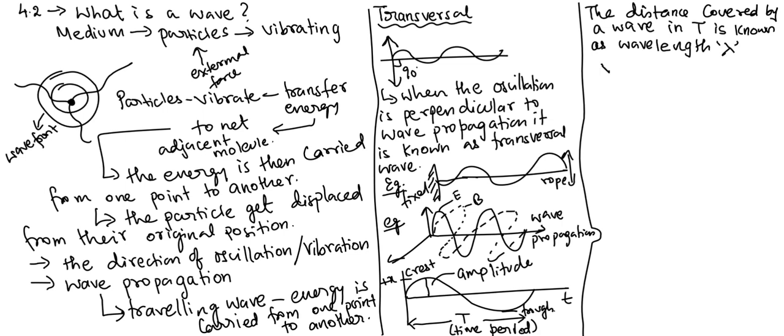So if I need the speed of this wave, all I need is distance by time. The distance that it is covering in one oscillation is lambda, and the time it takes in one oscillation, which is the time period, is T. We also know that 1 by T is nothing but the frequency, so it becomes f lambda, because your frequency is 1 by time period. So your v is then equal to f lambda.